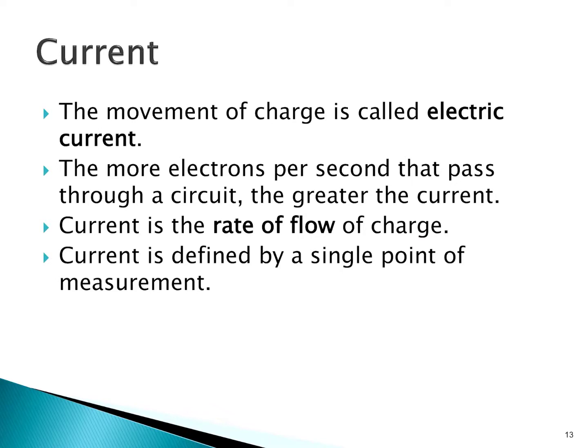So how about current then? Well, current is the movement of charge and is called electric current. The more electrons that pass through a circuit at a given point, the greater the current. So current is the rate of flow.